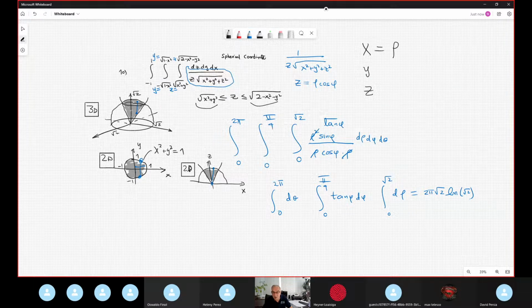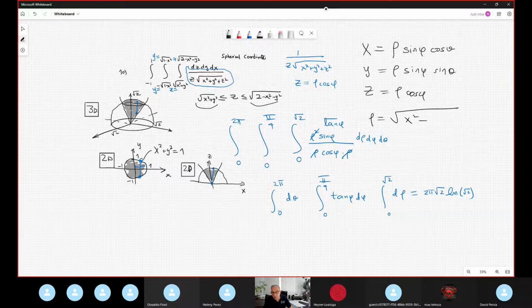X is equal to rho sine phi cosine theta, y is rho sine phi sine theta, and z is rho cosine phi. This is the formula for the conversion from Cartesian to spherical. And you know that rho is the square root of x squared plus y squared plus z squared. Correct? Okay, got it.